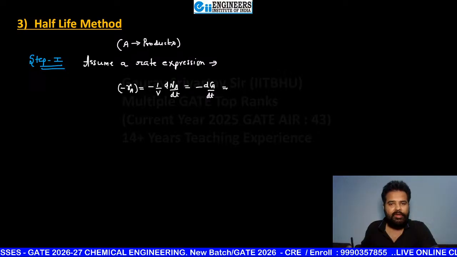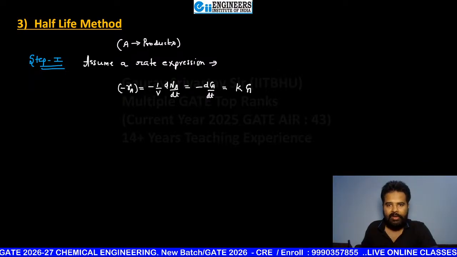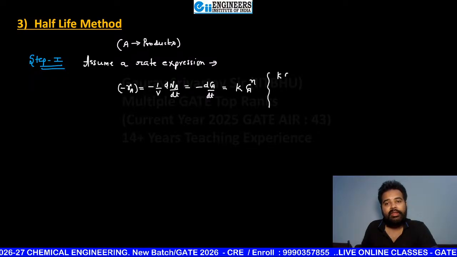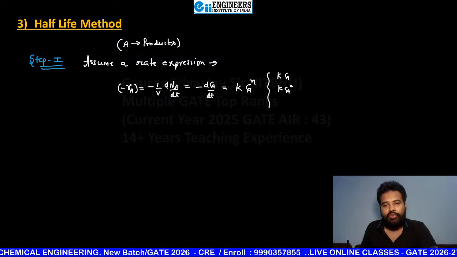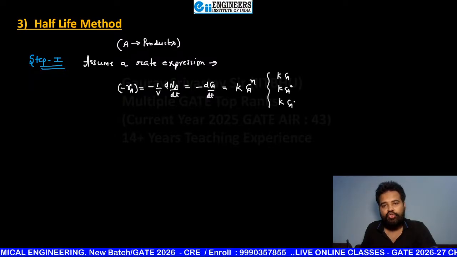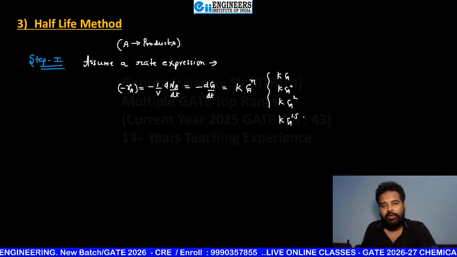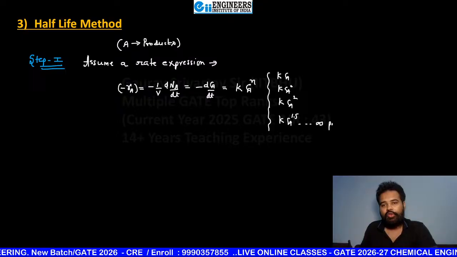So dCA by dt equals k, and here you can assume kCA raised to power n. It can be kCA raised to power 0, kCA raised to power 2, or kCA raised to power 1.5. Infinite possibilities are there.